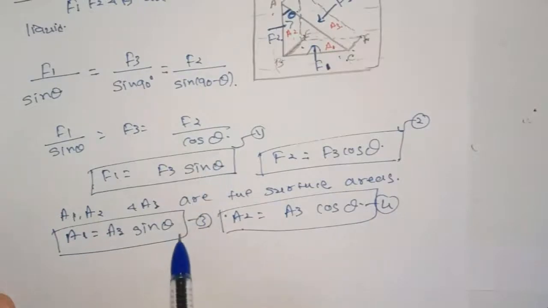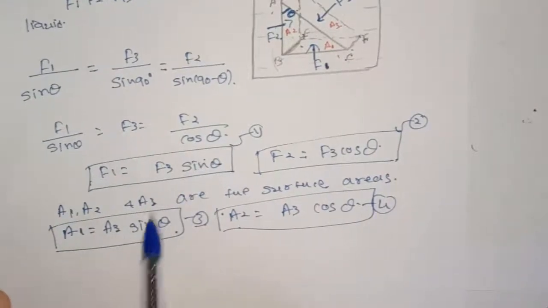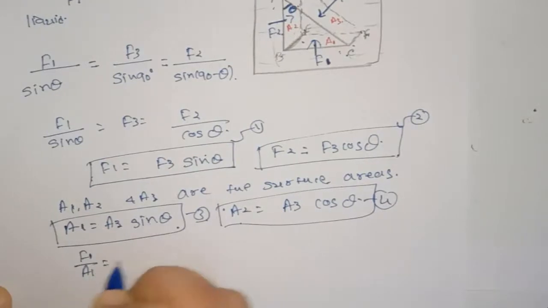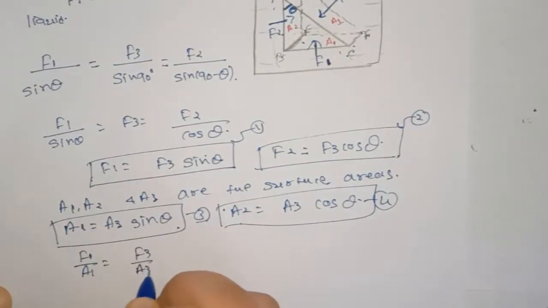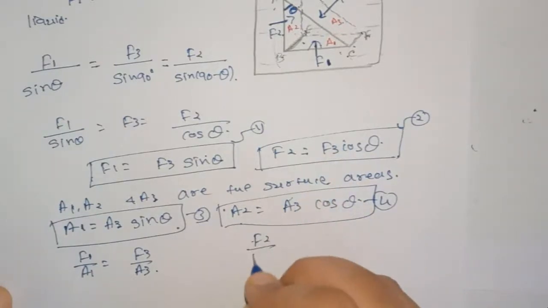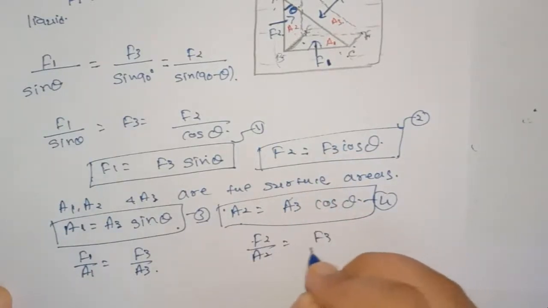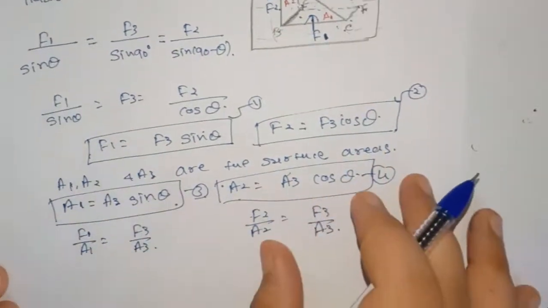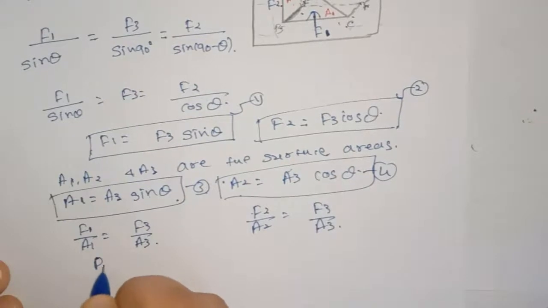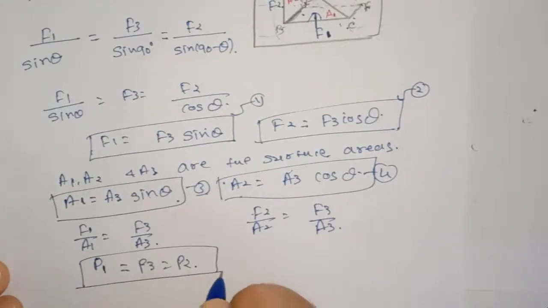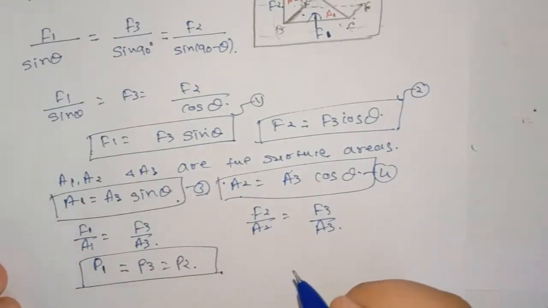From 1 and 3, if we divide 1 and 3, then we can write F1 upon A1 is equals to F3 upon A3. And from 2 and 4 we can write F2 upon A2 is equals to F3 upon A3. But force upon area is the pressure, so P1 is equals to P3 is equals to P2. Hence, Pascal's law is proved.